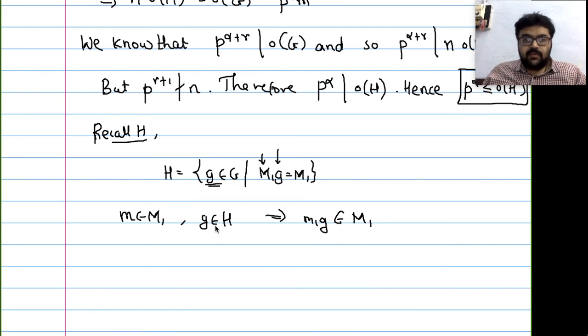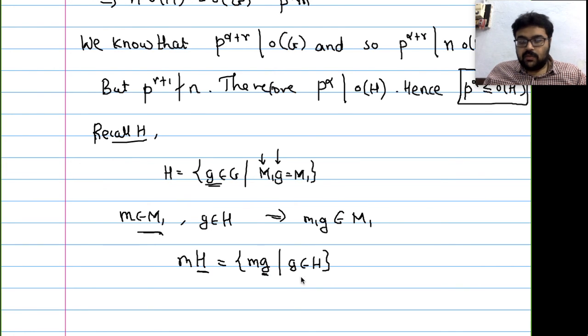Right? So that means for every element M in M1, I take any element of H. So this set, what is this? This is MG such that G belongs to H. Because if G belongs to H and M belongs to M1, then the product is going to be in M1.